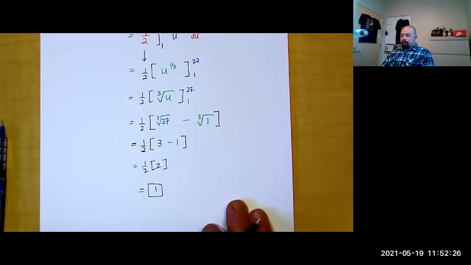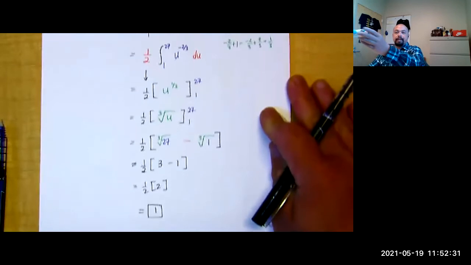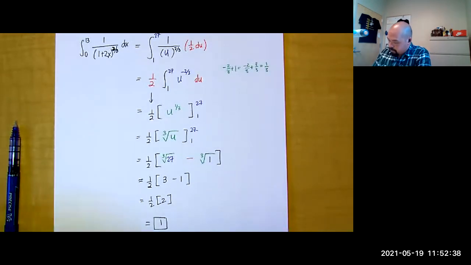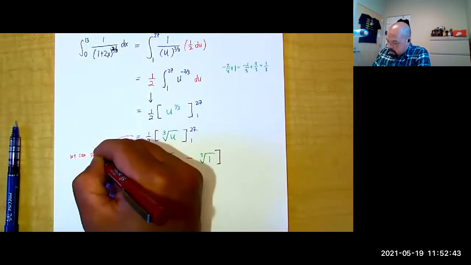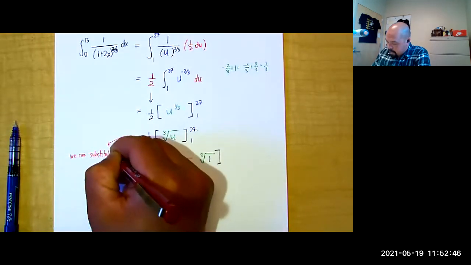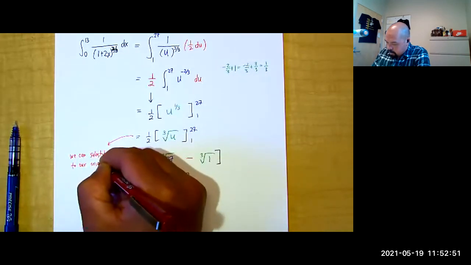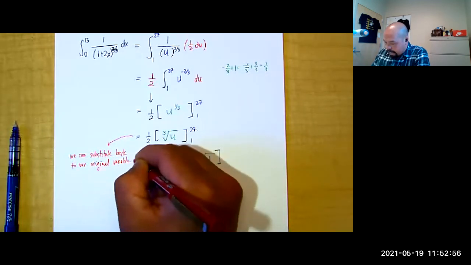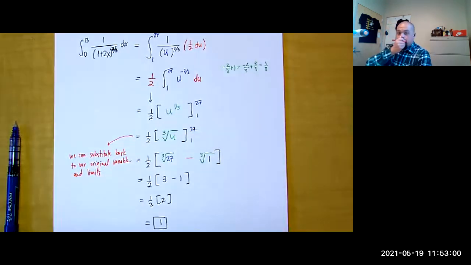Okay. And by changing the limits of integration, it makes hopefully these calculations a little bit more straightforward. But one thing we can mention, at this stage, if you wanted to, we can substitute back to our original variable and limits of integration.